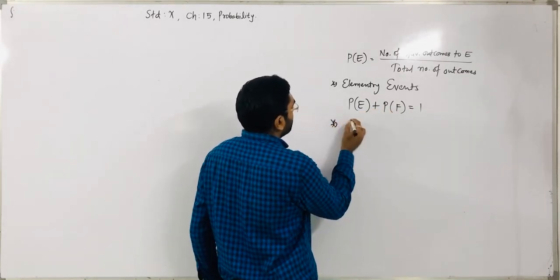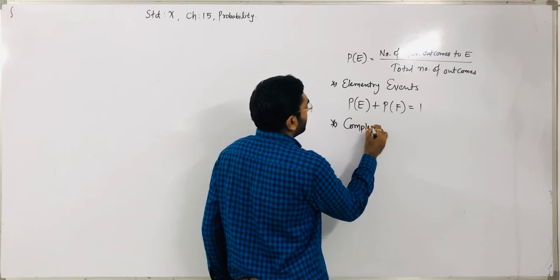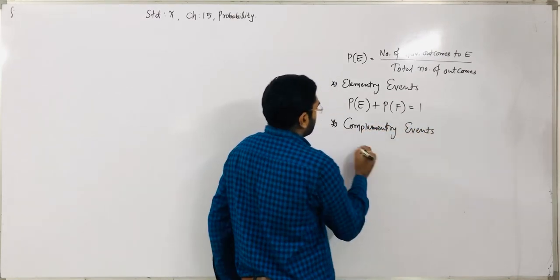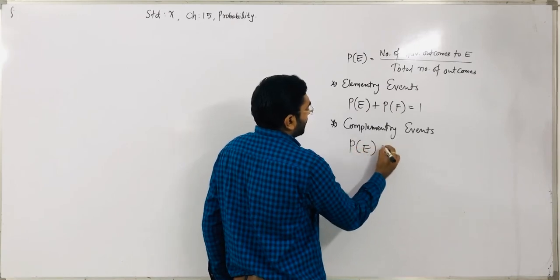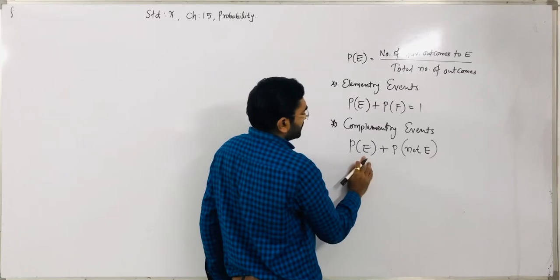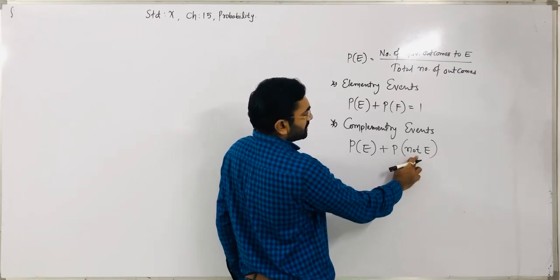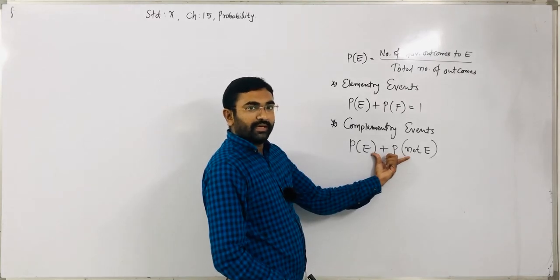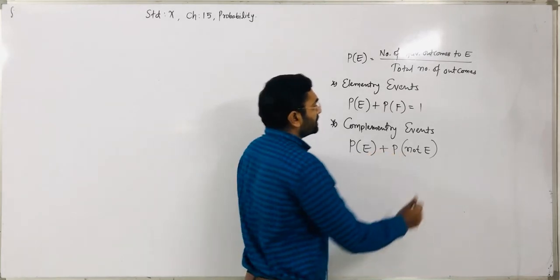Then we defined the complementary event. Complementary means, if this is the event E, its complementary event is not E. These two events are called complementary events, and their probability sum is also 1.